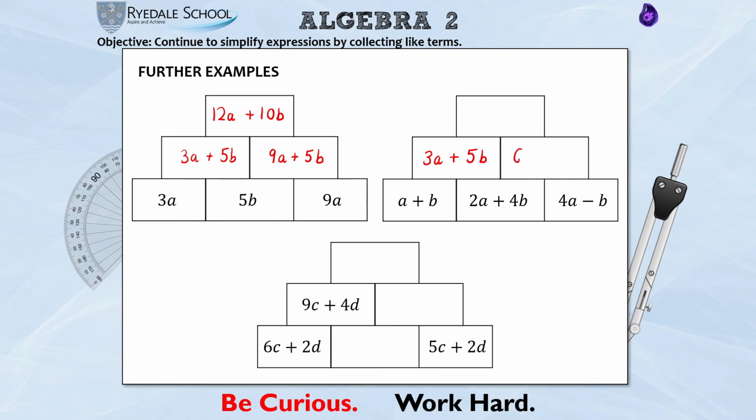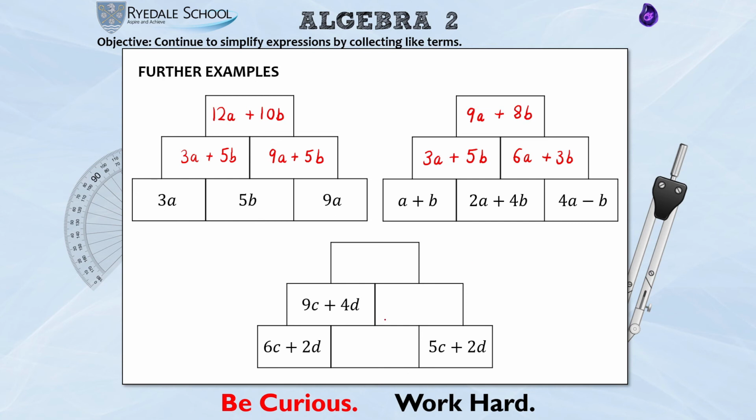And that is 6A. But I need to be a little bit careful adding my B's because I've got a plus 4B, but a take away a B. So that leaves me 3 B's instead. And then finally for my top, I've got a 3A and a 6A. That's 9 A's. And a 5B and a 3B. And altogether, that is 8 B's.